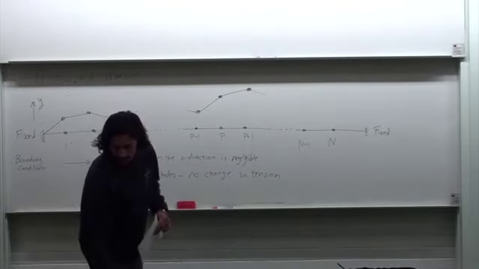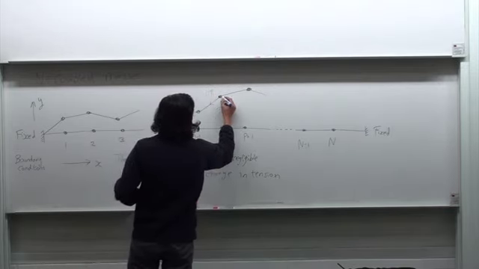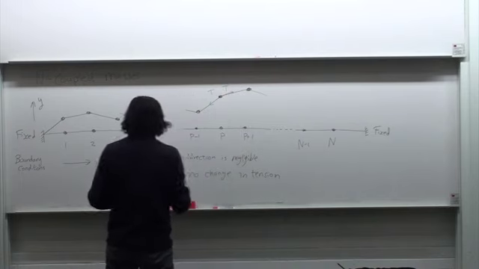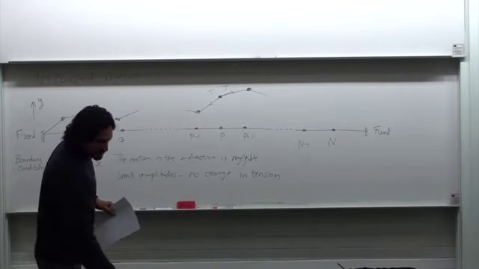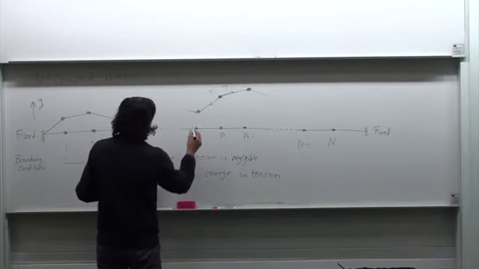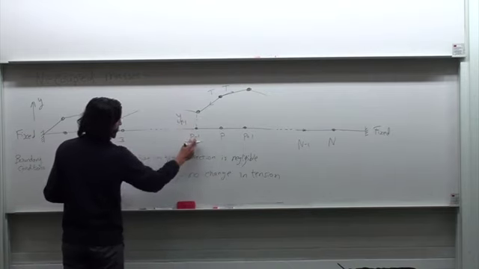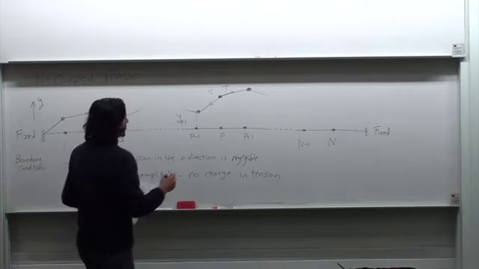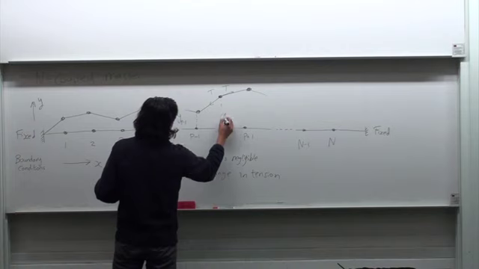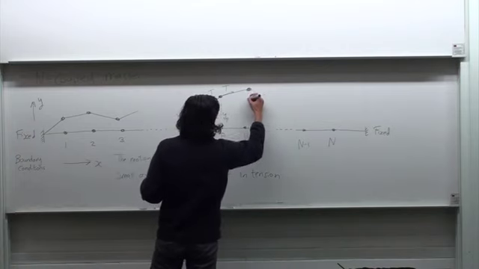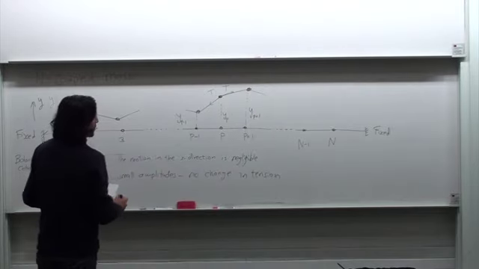We have T here and here. The height here is y of p minus 1. This is the point p minus 1. The height here is y p. And here is y p plus 1.